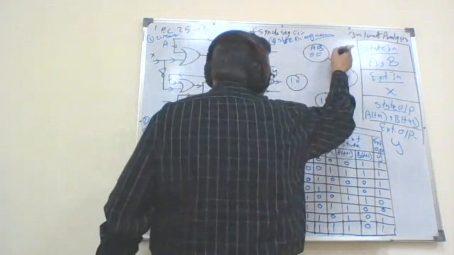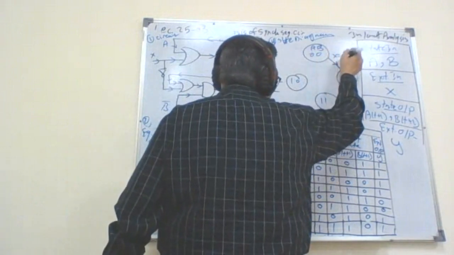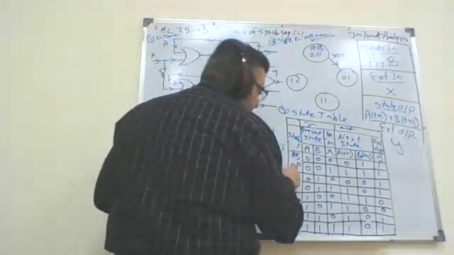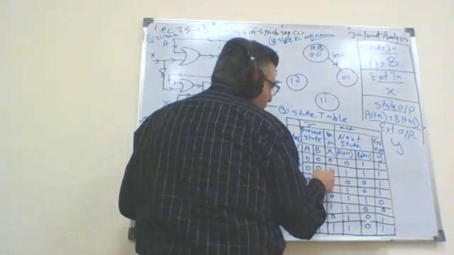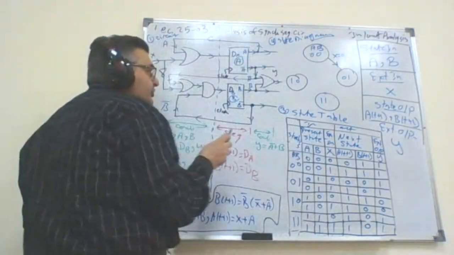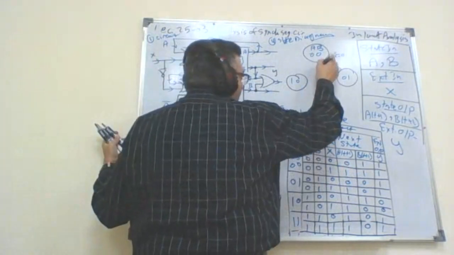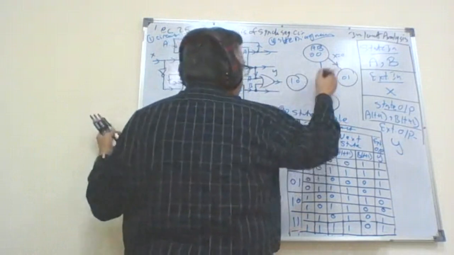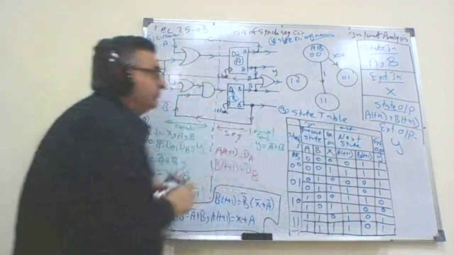This is for X equals 0. Another arrow for that state when X equals 1. When X equals 1, I want to go to state 1,1. The second arrow going like that is for X equals 1.